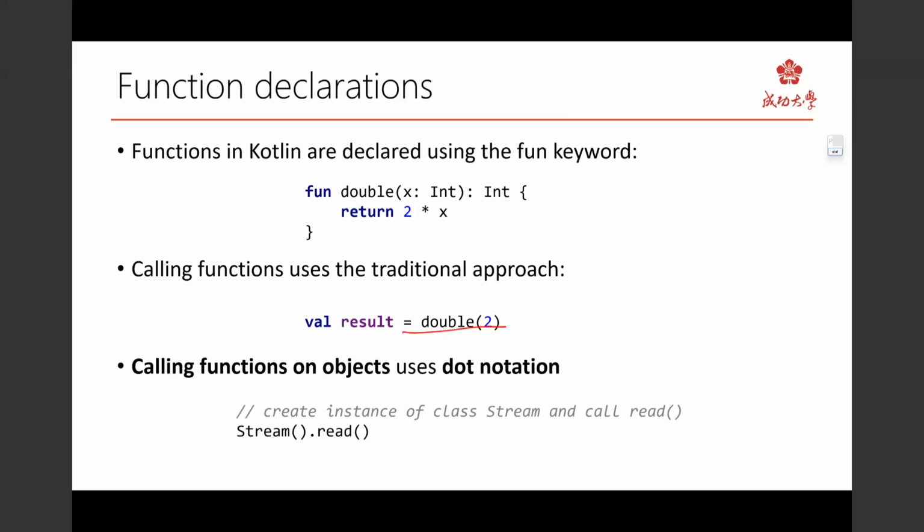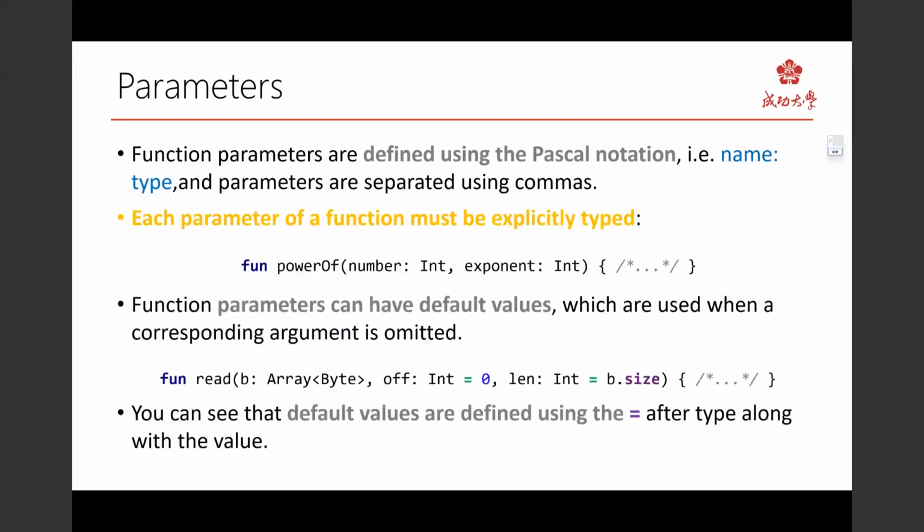Say, for example, if you want to invoke the double function, we simply say double, parentheses, and we pass in the parameters. And calling functions on objects uses dot notation, just like what we do in C++ and Java. And one thing to note here is that function parameters in Kotlin are defined using the Pascal notation.